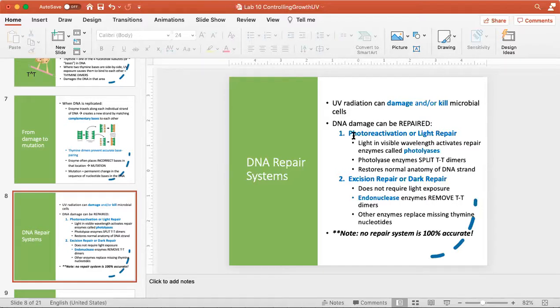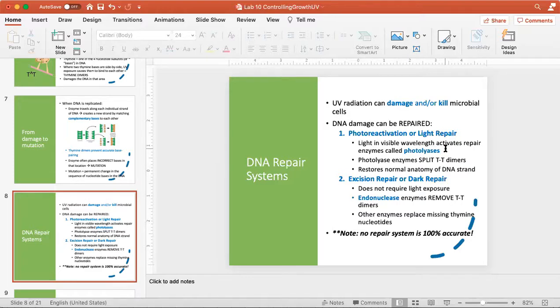It turns out that exposure of a microbial cell to ordinary visible light, within visible wavelengths, between 400 and 700, is going to activate a repair enzyme, or I should say a family of repair enzymes. These are called photolyases.